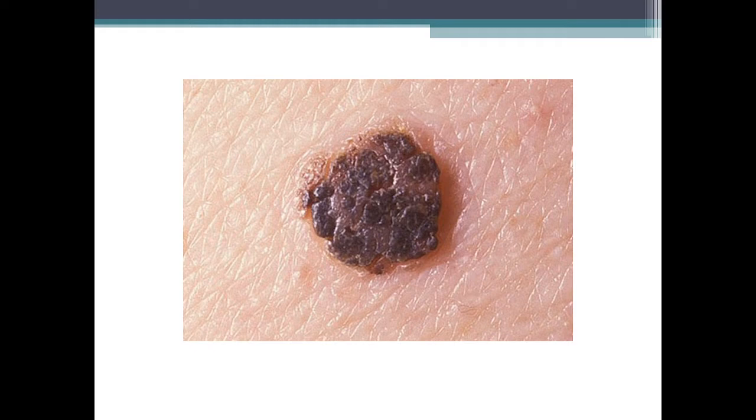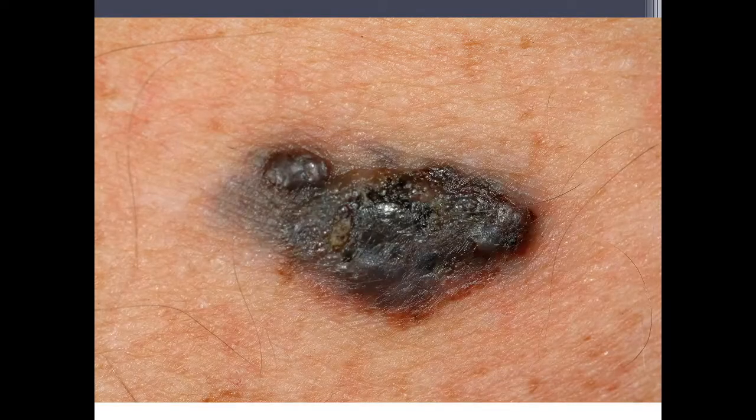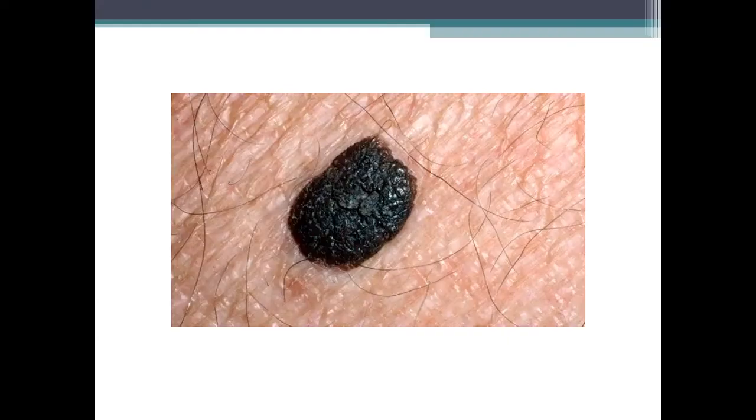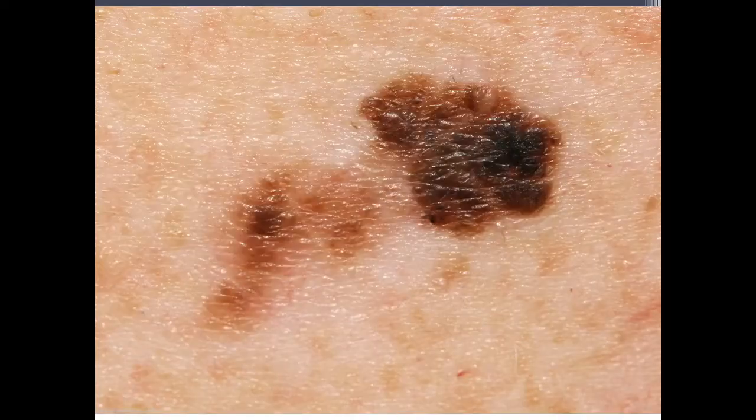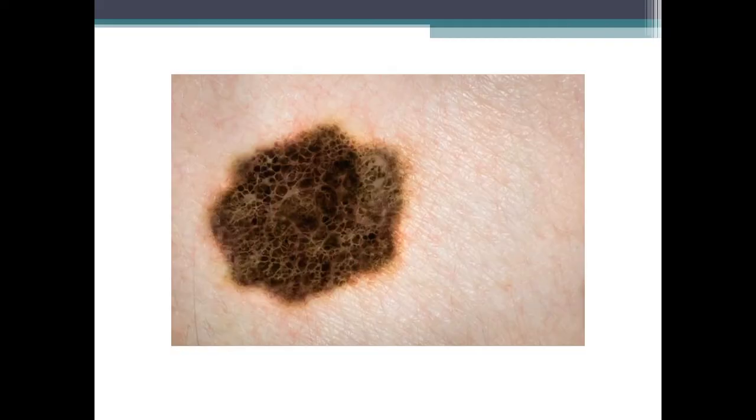And again, benign seborrheic keratosis. This is a very bad melanoma. In the opposite, even though it's very dark, it's fine. Again, seborrheic keratosis. In the opposite, again, melanoma.